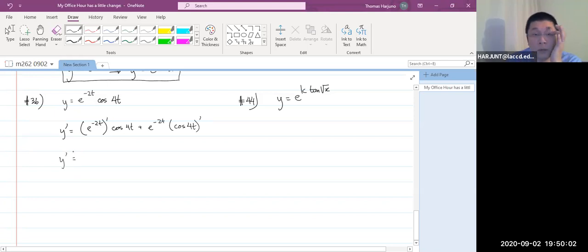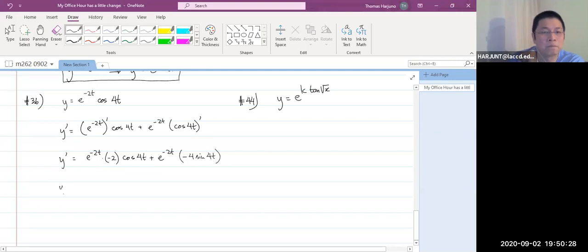The derivative of e to the negative 2t is itself times the derivative of negative 2t, which is negative 2, so negative 2 e to the negative 2t cosine 4t plus e to the negative 2t times the derivative of cosine 4t, which is negative 4 sine 4t.